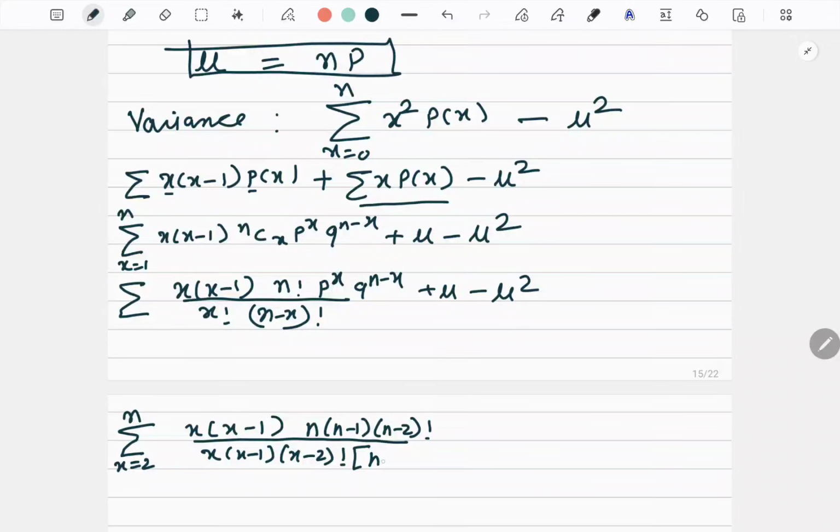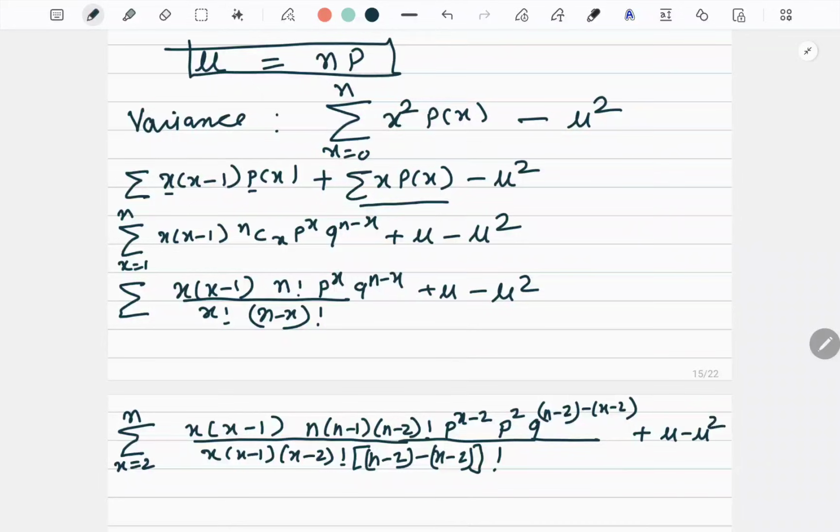And again just rearrangement, n minus 2 minus x minus 2 factorial. p to the power x minus 2, so I should do p square. And q to the power n minus 2 minus x minus 2. Correct? Plus mu minus mu square.